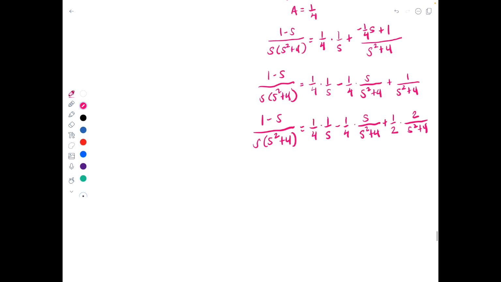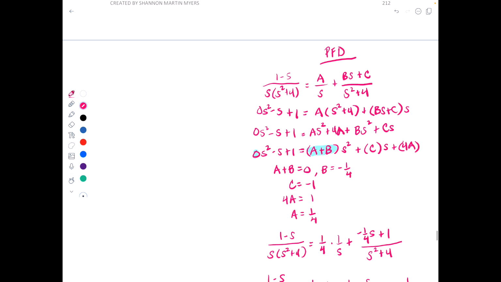And now to do the partial fraction decomp for just 1 over S times S squared plus 4, we're going to get a different A over S plus BS plus C over S squared plus 4.